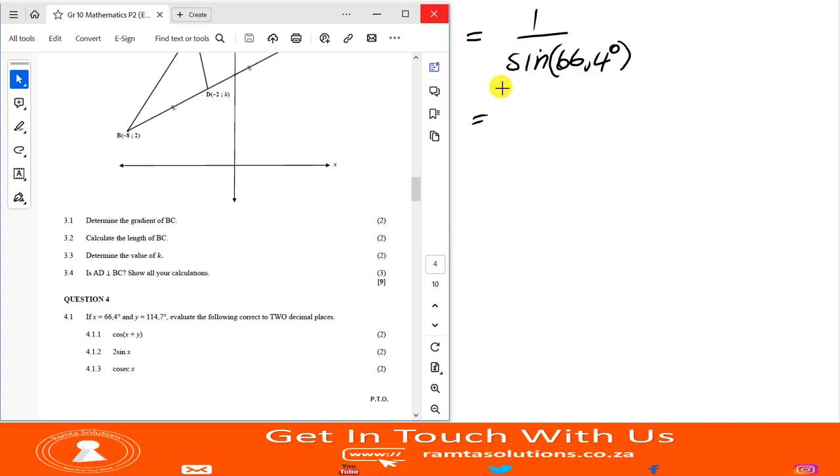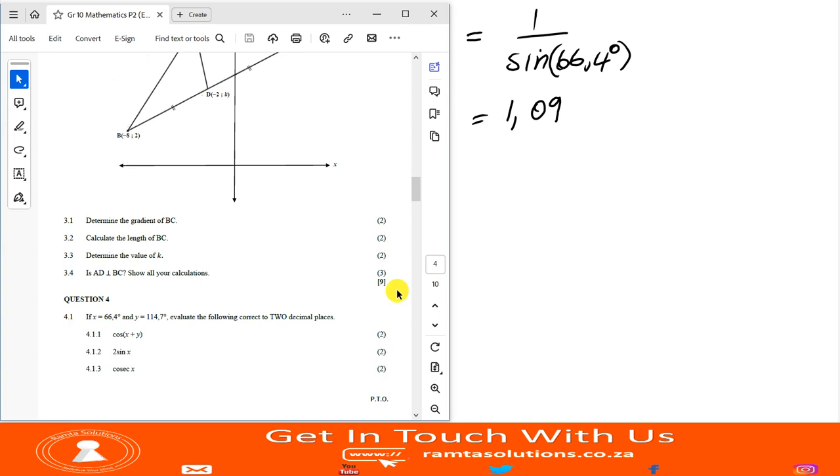Now let's get our answer. 1 over sine 66.4. What is our answer? Our answer is 1.09. Okay, this is us getting our full 6 marks so far. Perfect.